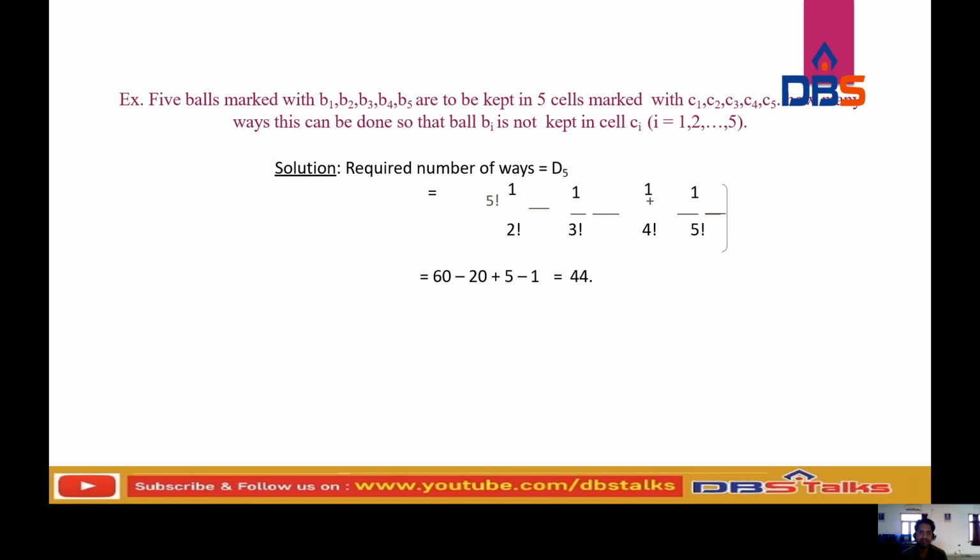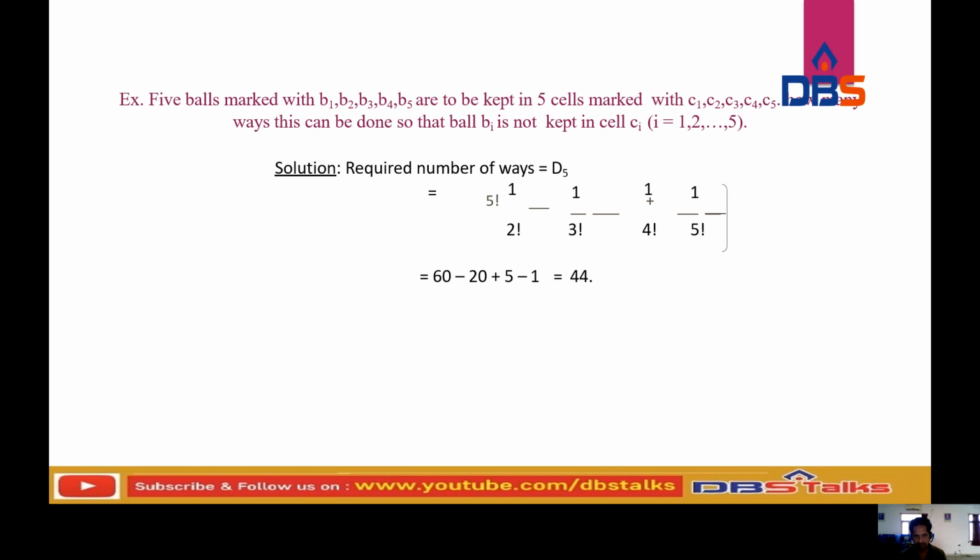Five balls marked B1, B2, B3, B4, B5 are to be kept in 5 cells marked C1, C2, C3, C4, C5. In how many ways can this be done so that ball Bi is not kept in cell Ci, that is, i equals 1, 2 and so on to 5?